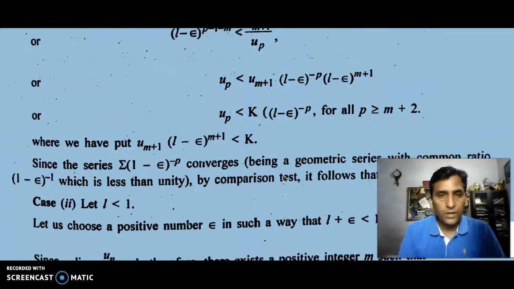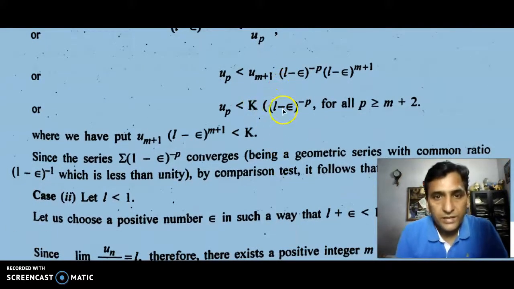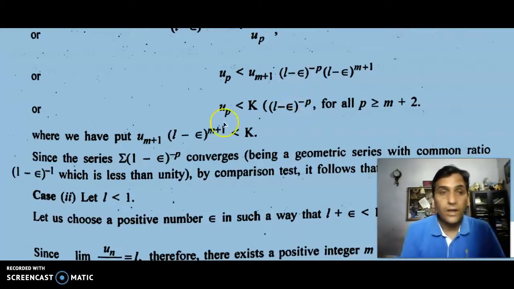Now L minus epsilon was bigger than 1, and this expression is written here in the form of a series, because we are given a series. It becomes a geometric series, and since L minus epsilon is greater than 1, when I put the power minus 1 it becomes less than 1.